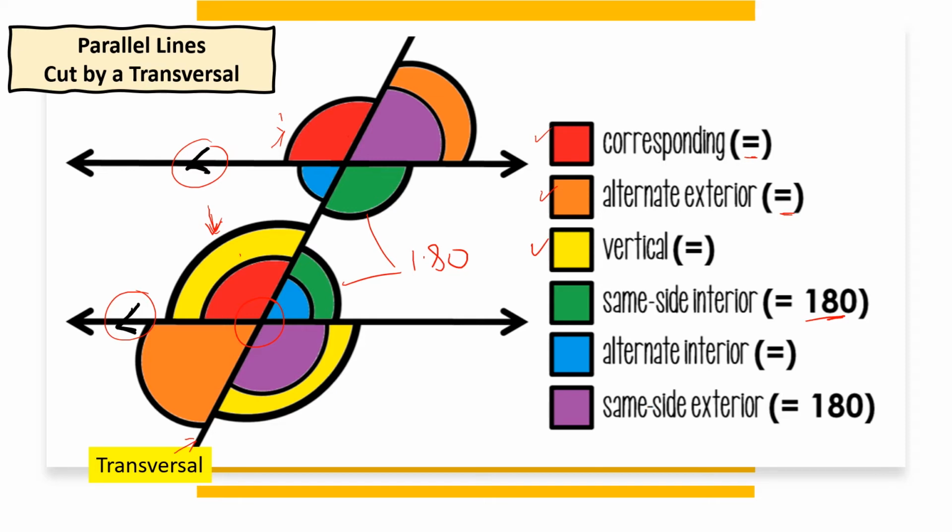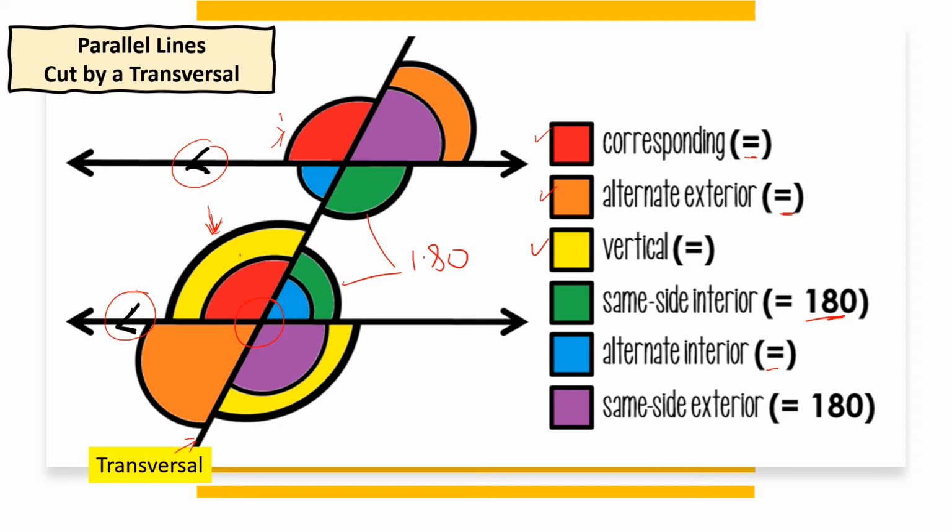So they're on the inside of the parallel lines, but they're on opposite sides of the transversal, and they are also equal. And then next you have same side exterior angles, and they are in purple. They are on the same side of the transversal, but they are on the outside of the parallel lines. So that's just a quick overview of parallel lines cut by transversals.